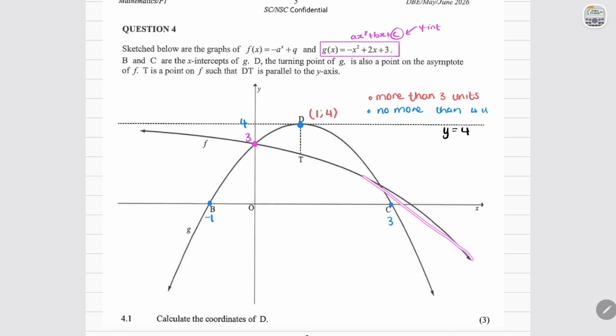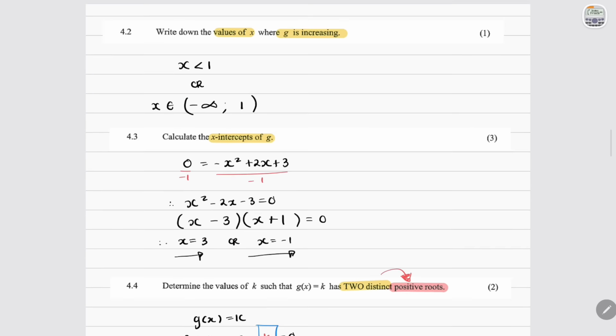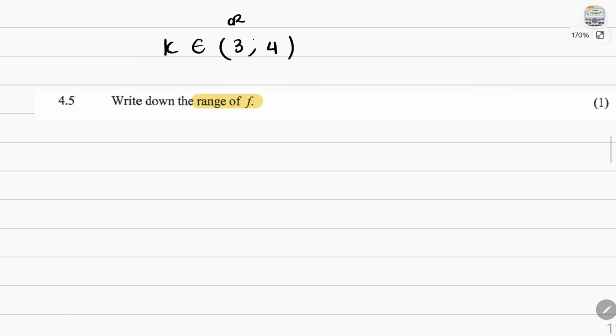Therefore, from the way this looks, you can clearly see that the range would be all y values that are simply less than 4. It has y values all through here. See this point? Look at its y value, and so on. So we need to tell them y is less than 4. We can just tell them the range is y is less than 4.